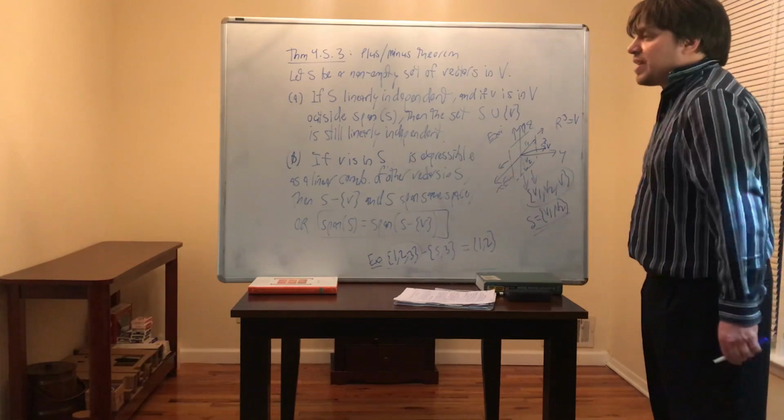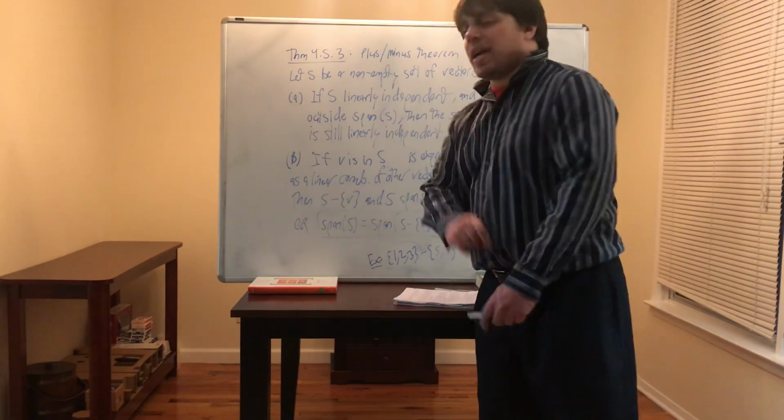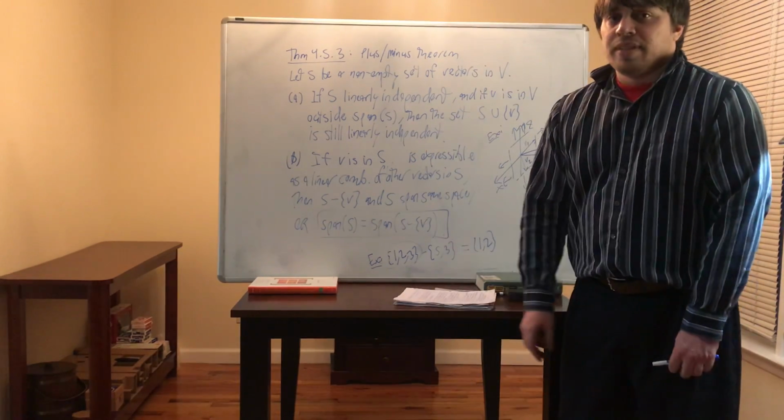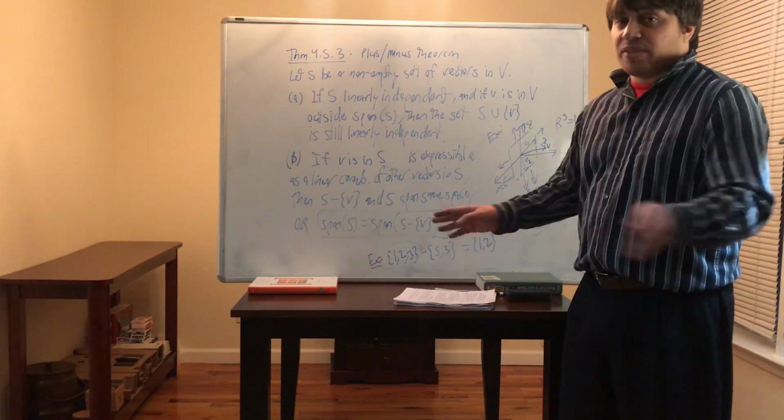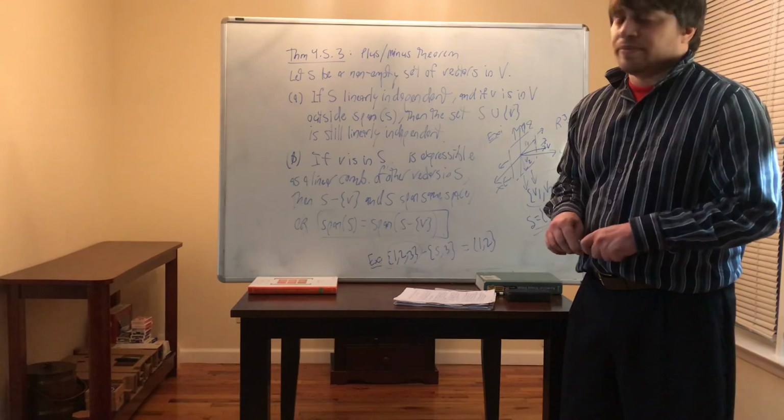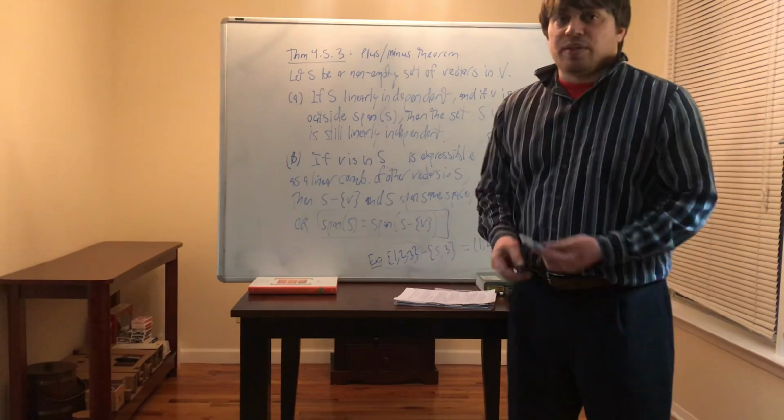So the conclusion says that the span of S and S minus the set containing v are the same. That means that vector v doesn't change the span of the set, and so you can remove it and the span doesn't change.